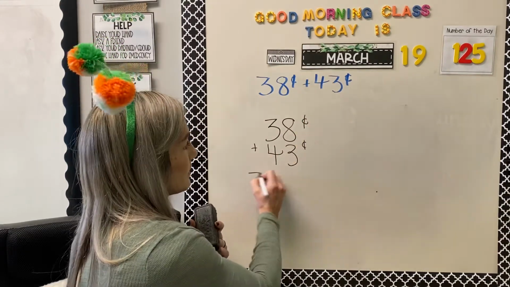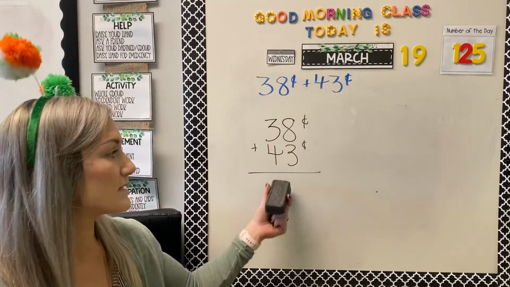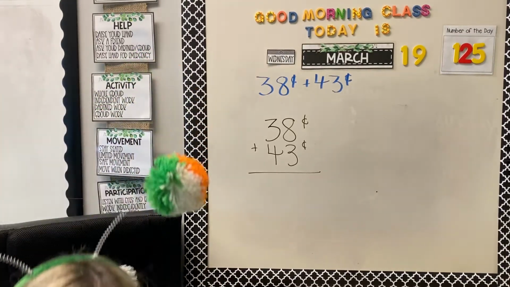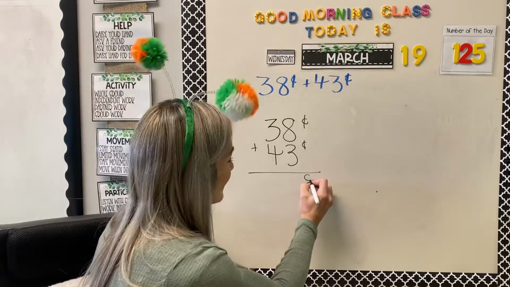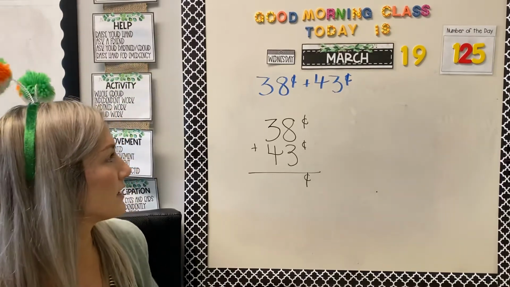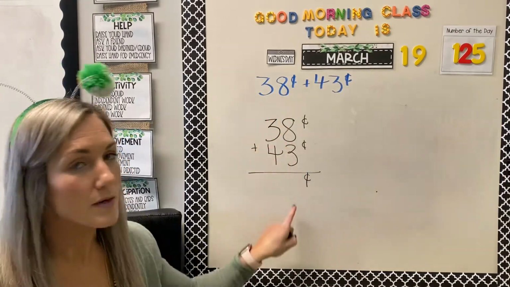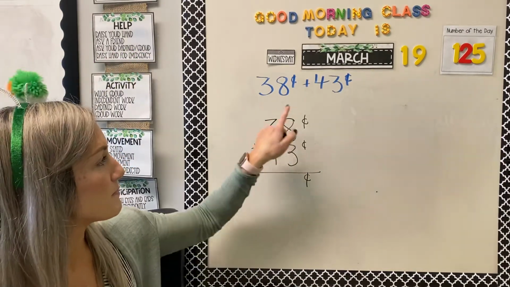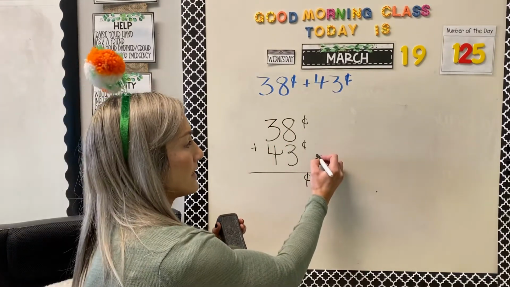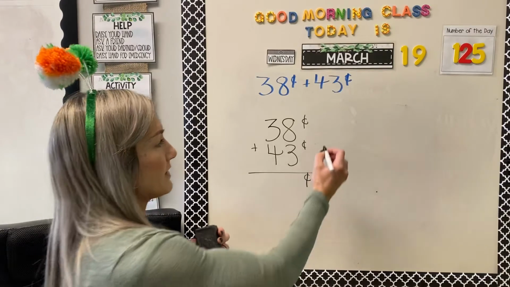Boys and girls, 38 cents plus 43 cents. Is my answer going to be bananas? No, that's right. It's going to be in cents. So let's do this problem together so that we can get some practice before we do our test. 8 plus 3. When I have 8 and 3, I always start with my ones place. I'm going to start with the biggest number, and I'm going to count on: 8, 9, 10, 11. 11.